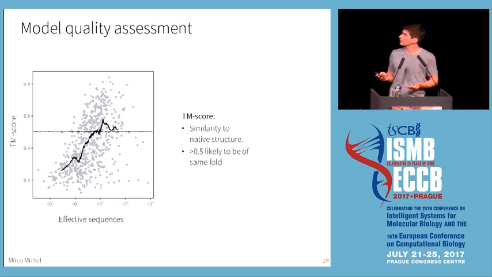It doesn't really give you a good idea of whether your model is really good or bad. And if I say a model is good or bad, I mean that it has a TM score above 0.5 or not. So it's kind of transforming it into a classification problem.